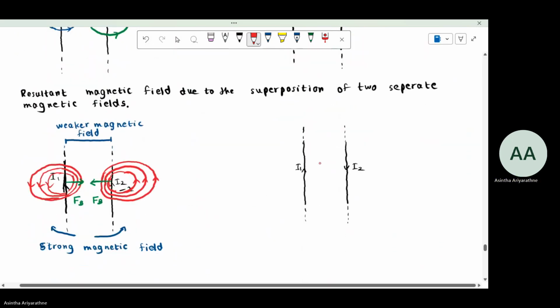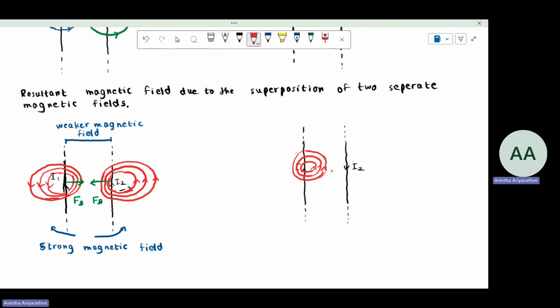Then we can draw something like this. In the middle it is strong.